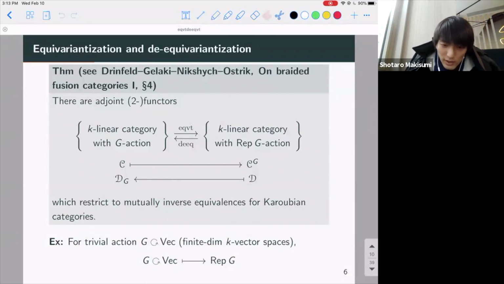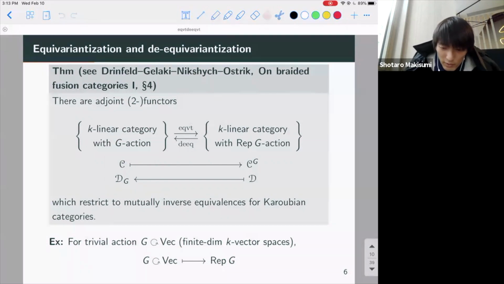So that means, for example, that if I start with a C, equivariantize, and then de-equivariantize that, there will be some natural isomorphism between that and the original category C that is compatible with the G action.